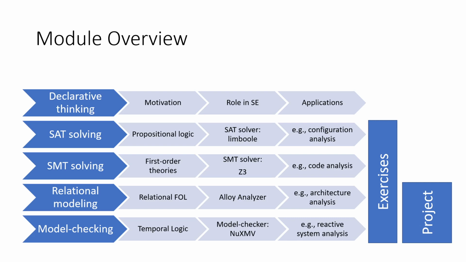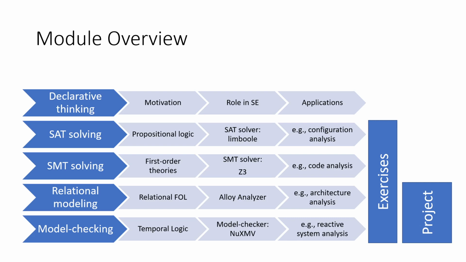As I mentioned last time, the way that this module will be assessed is by a project. So you have to pass the homeworks, but then to get a mark, you have to do the project and submit the project. And the project will be applying one of these tools to automate some software engineering problem and solve it with this tool.